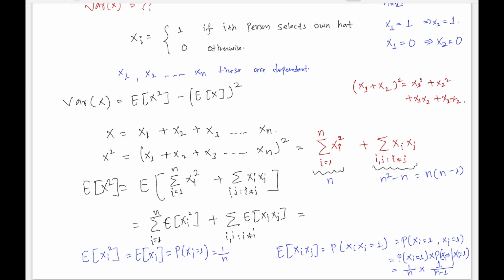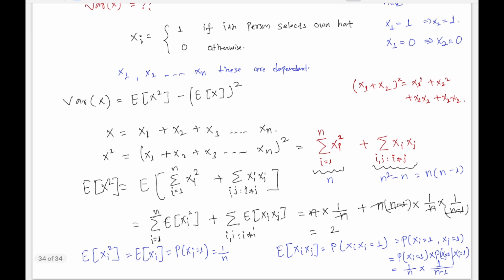So what will be this summation? n terms are there, times the expectation of each term, 1 divided by n, plus n into n minus 1 terms, and for each term the expectation is 1 divided by n times 1 divided by n minus 1. All these get cancelled, so 1 plus 1, that would be 2.